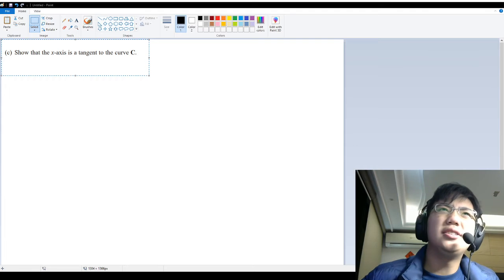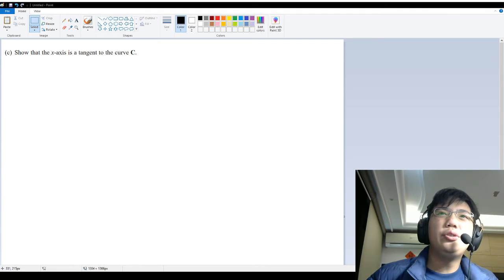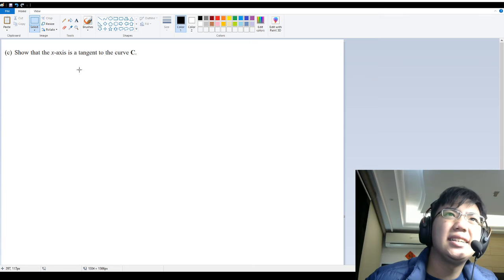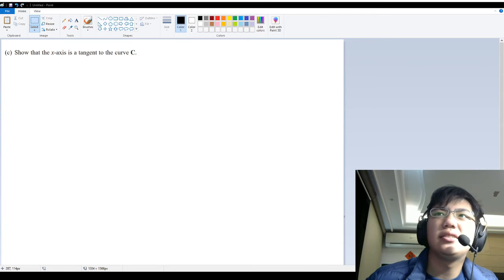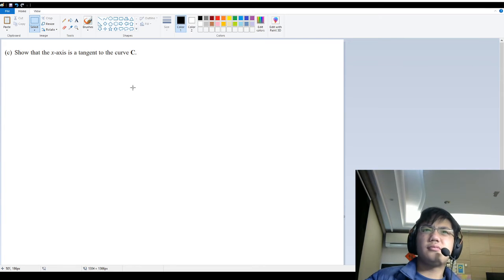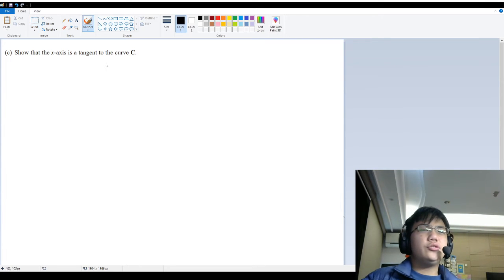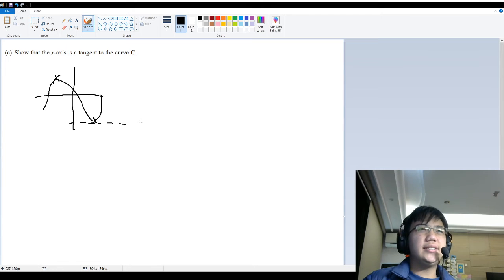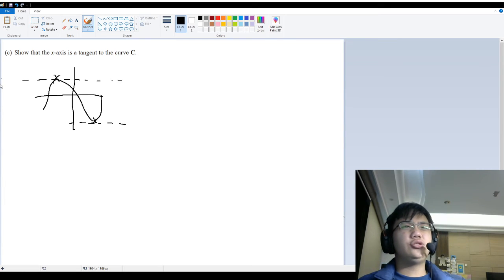So, to solve part C of this question paper, we need to show that the x-axis is tangent to the curve C. So, the thing about these stationary points with gradient equal to 0 and the straight lines that are the tangents at those points.